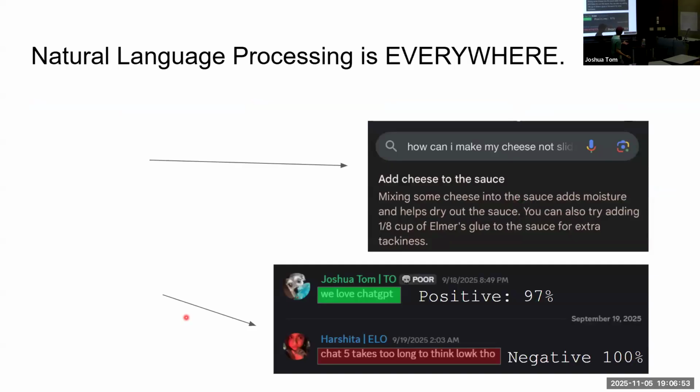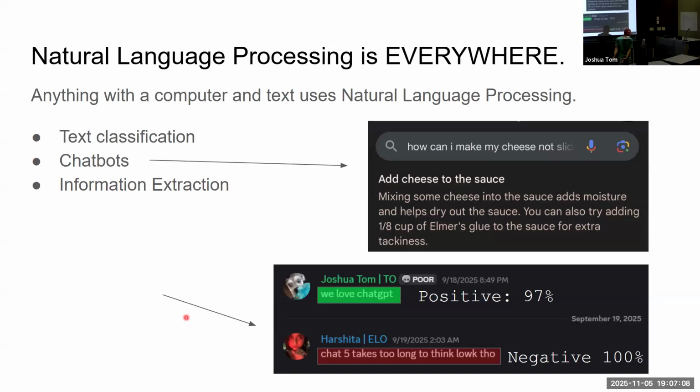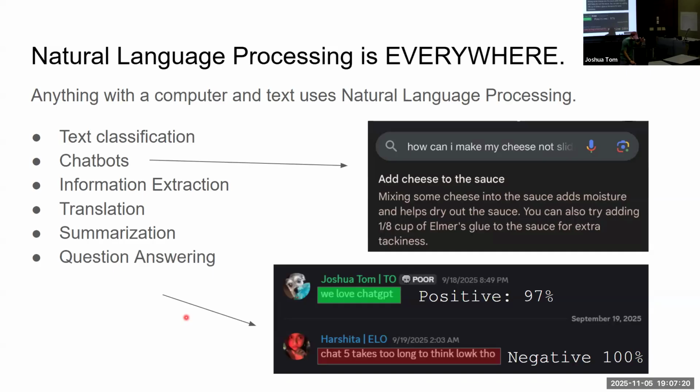So natural language processing happens pretty much everywhere on the internet, on computers, anything that is interacting with text: text classification, chatbots like ChatGPT, information extraction from documents, translation from one language to the other, summarization, so pulling from a bunch of texts, question answering, sentiment analysis.